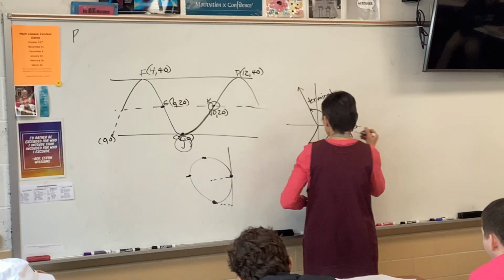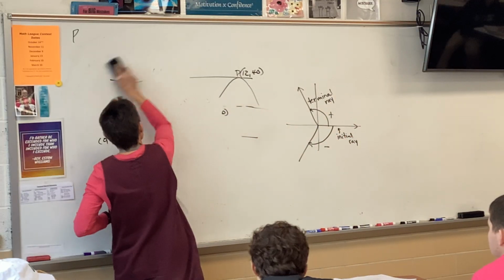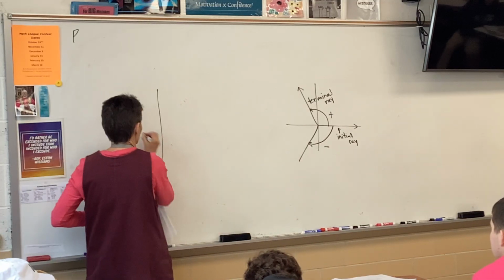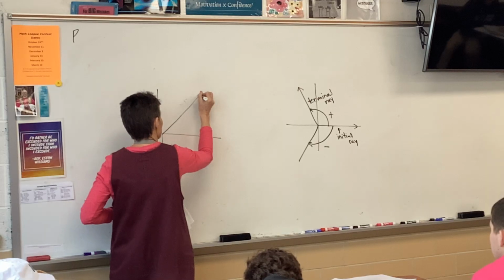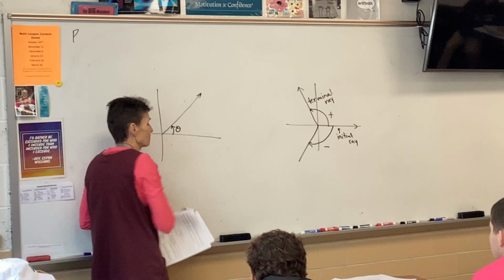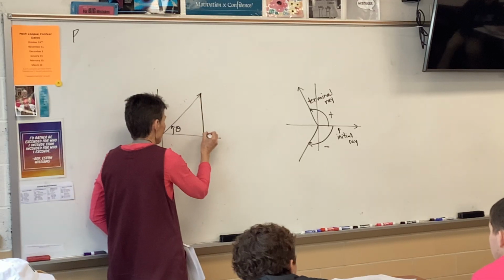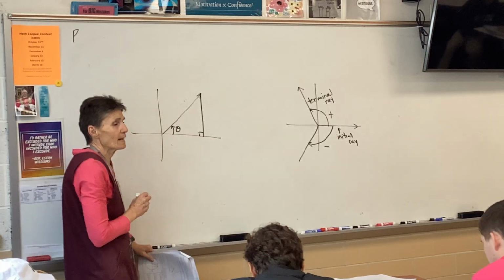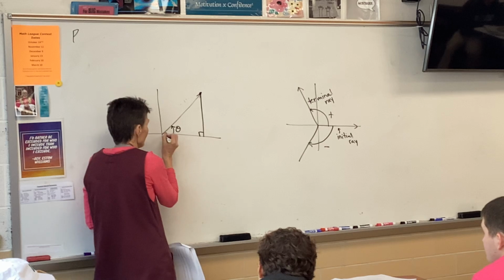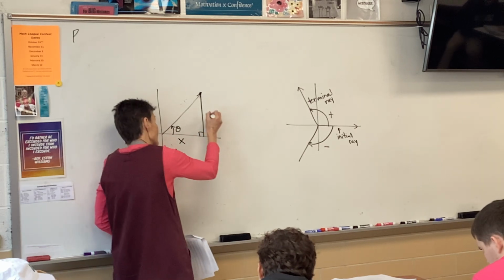When I look at one of these, draw an angle in standard position. So there's some angle, call it theta. If I drop a perpendicular straight down to form a little right triangle, would you agree that this side of the triangle is x and this side of the triangle is y?